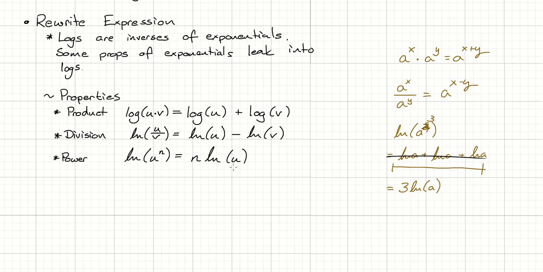Now, as we go through these properties, they can do one of two things for us. They can either take an expression that's separated by plus or minus or whatever, and they can squeeze it all together, like take it and condense it down. That's one thing. Or from time to time, maybe it makes more sense and is more useful to take something like this and expand it all out. I can go either direction here.